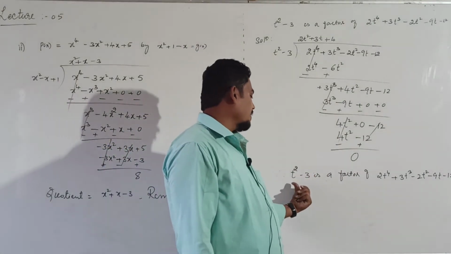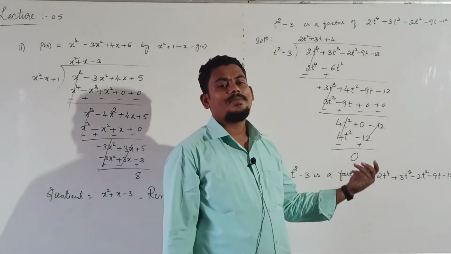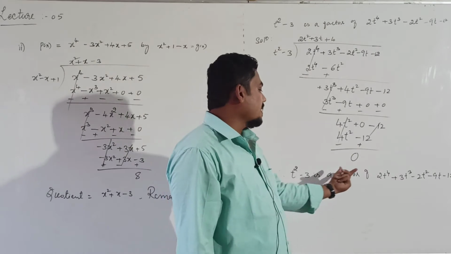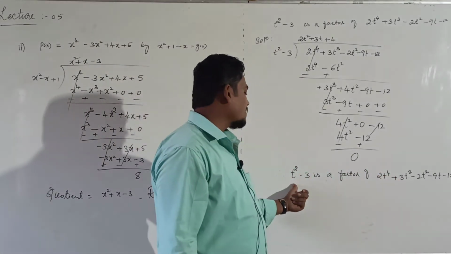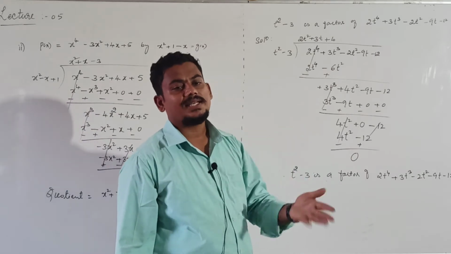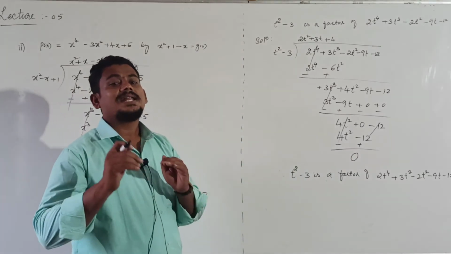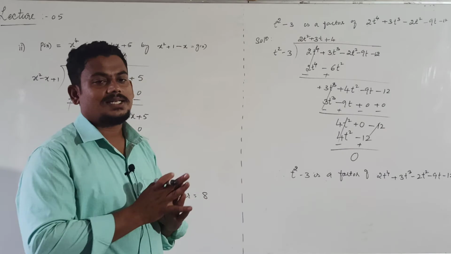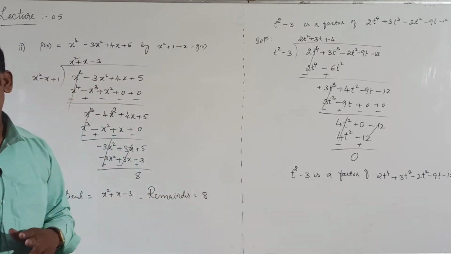If the remainder is 0, then it is a factor, otherwise it is not a factor. We can say that t square minus 3 is a factor because on dividing this polynomial by t square minus 3, we get remainder 0. If the remainder is non-zero, then it is not a factor. Remember this point.